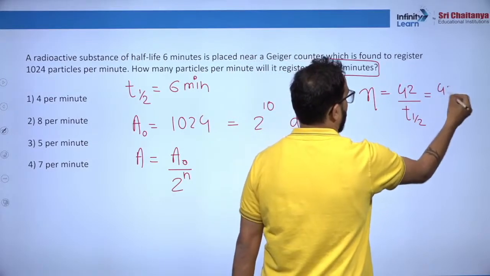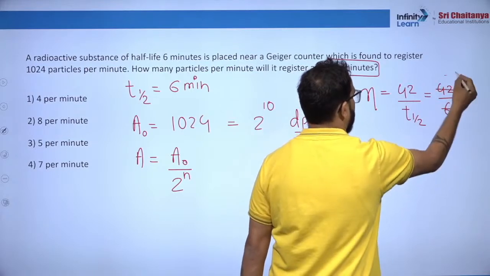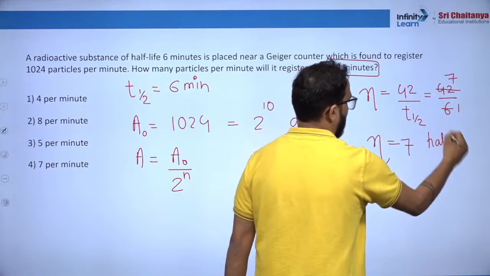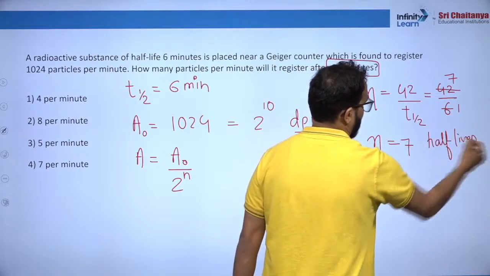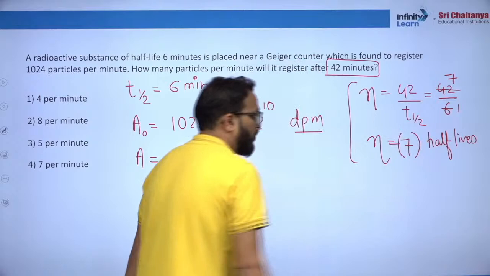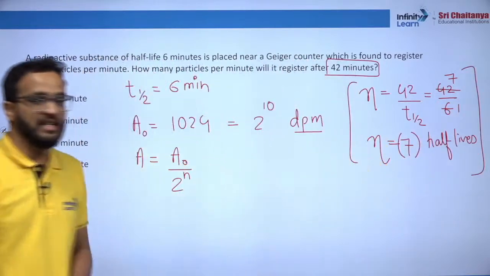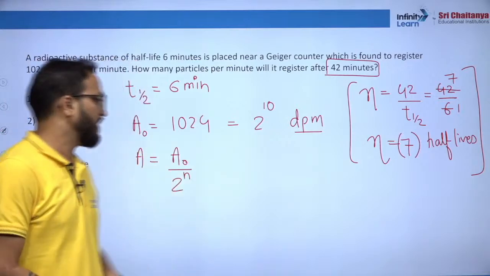So it is 42 upon 6, which means 7 half lives. So technically they are asking what will be the activity after 7 half lives. Did you understand?